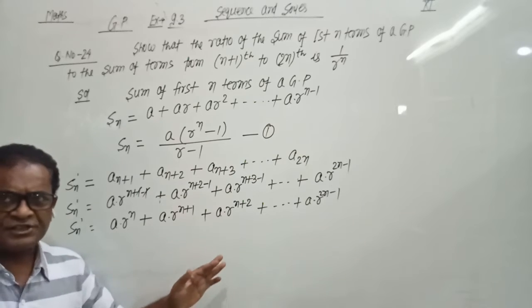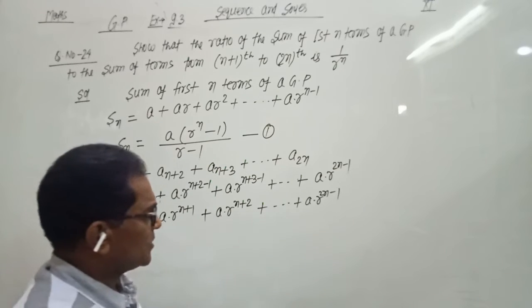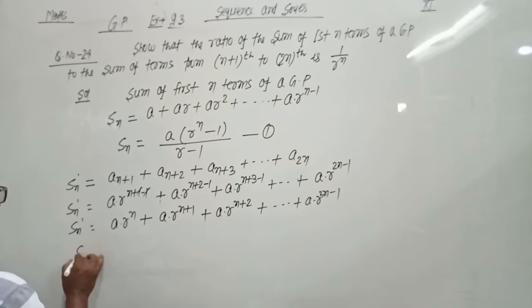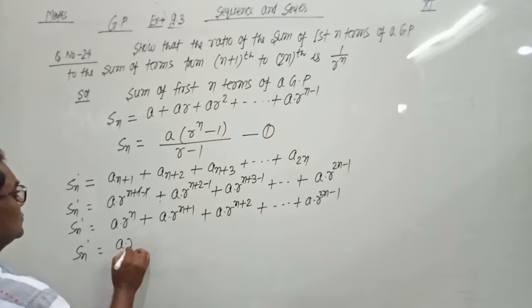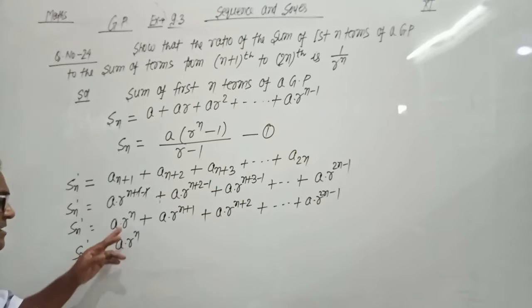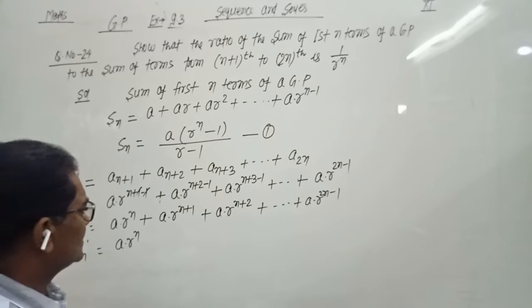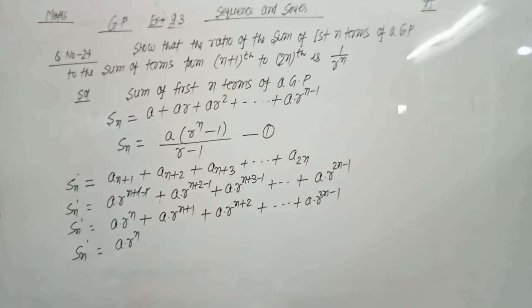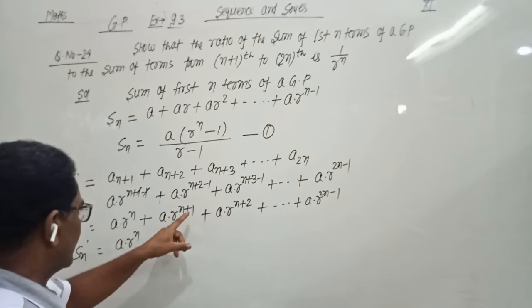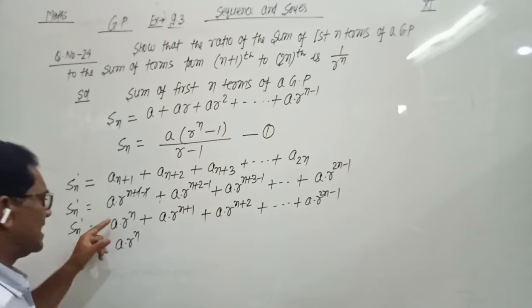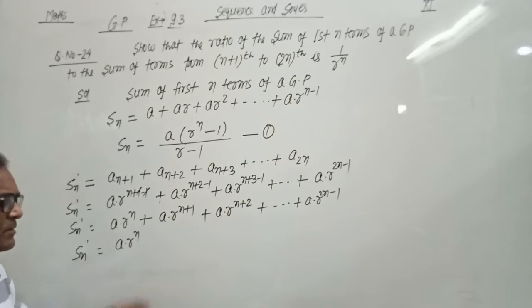Now this is also in GP, and in this the total number of terms is n, so we use the formula for Sn dash. The first term is a into r raised to the power n, and the common ratio is a into r raised to the power n plus 1 divided by a into r raised to the power n.